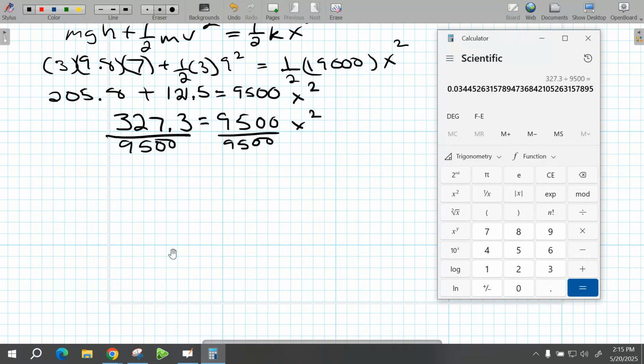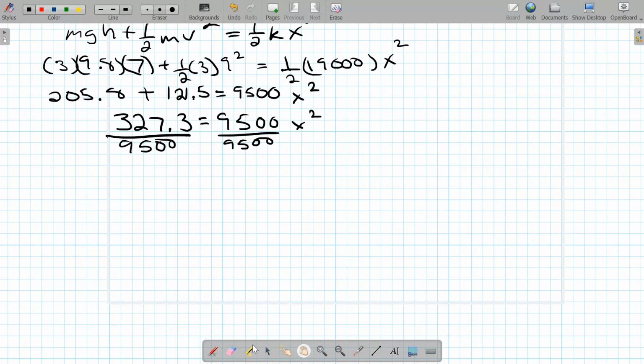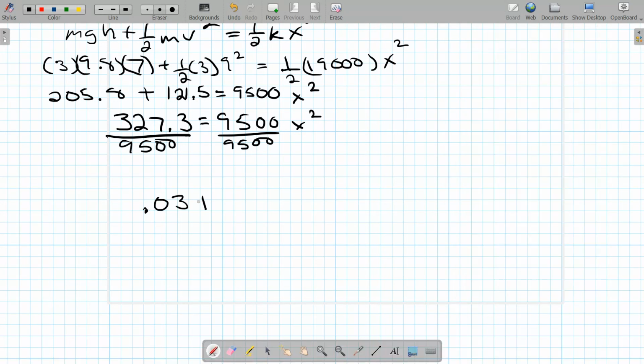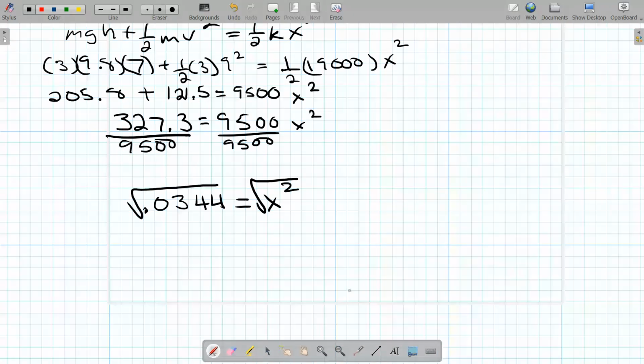So I've got 0.0344. That equals x squared. I want just x. So I'm going to take the square root of that.